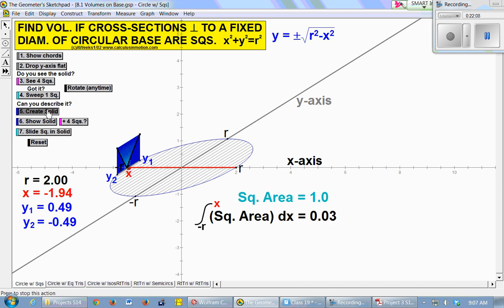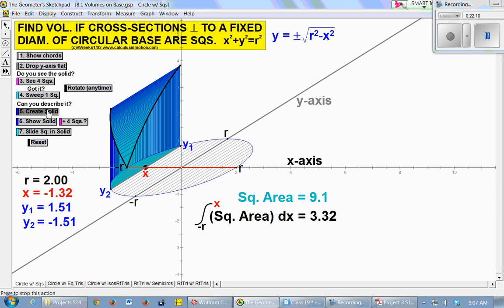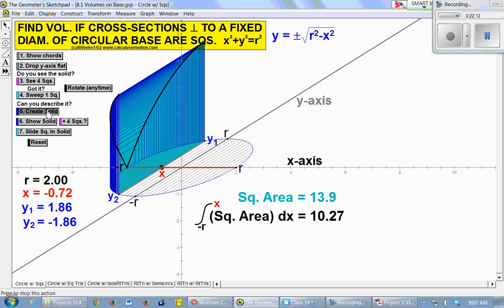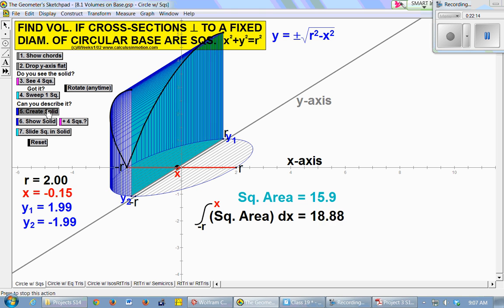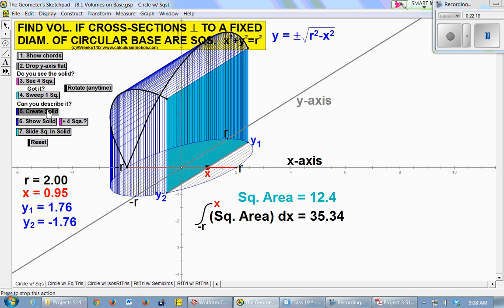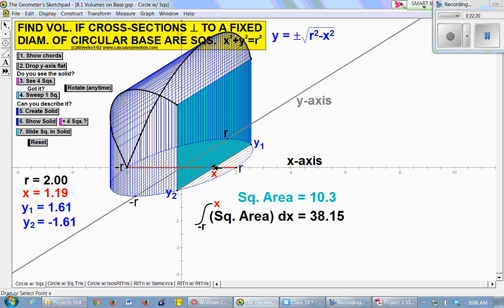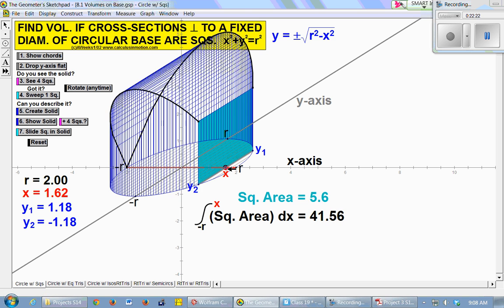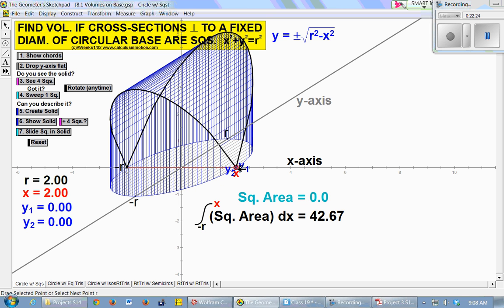So here's the solid. So that's what the final thing looks like.